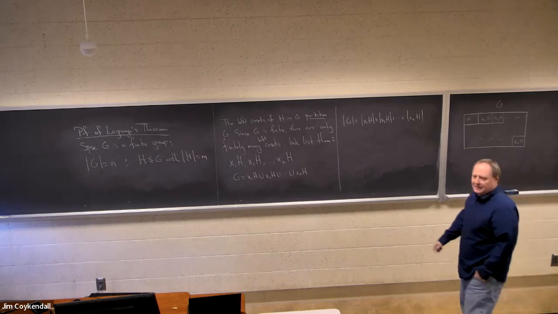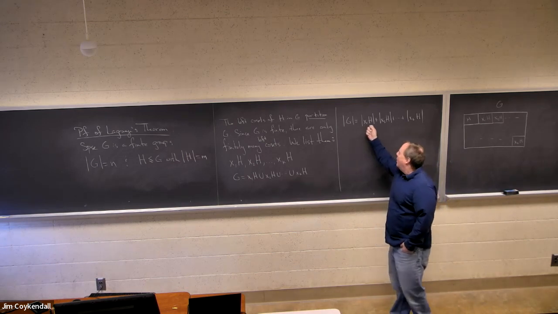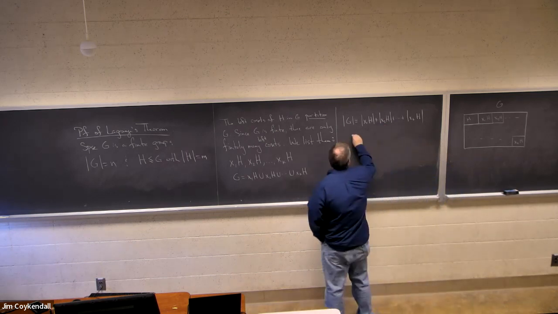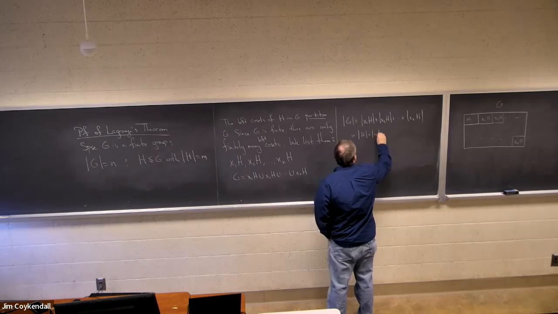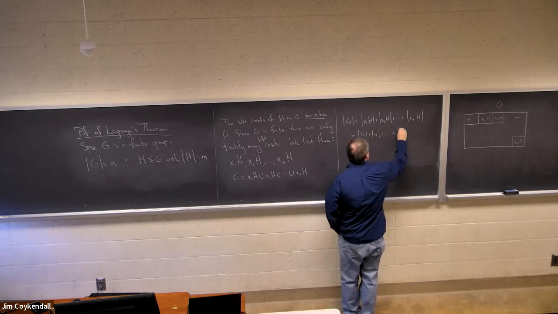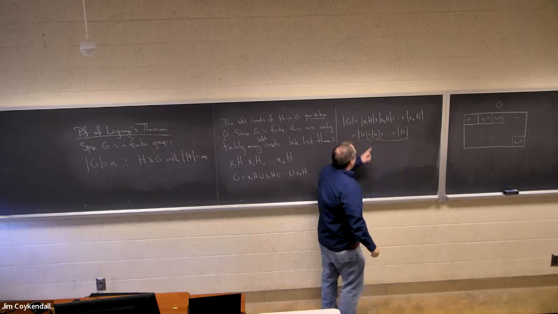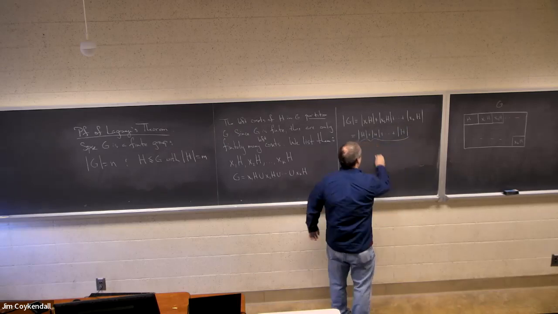Now, notice that by the previous corollary, all of these things have the same size as H. And how many times is this? Well, there's one H, two H, all the way up to K H's.